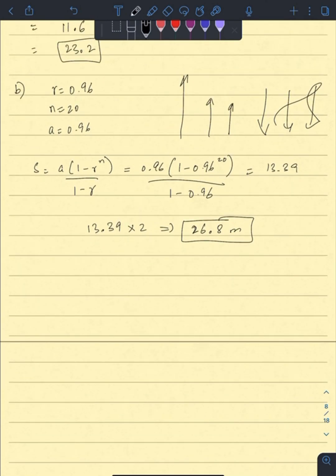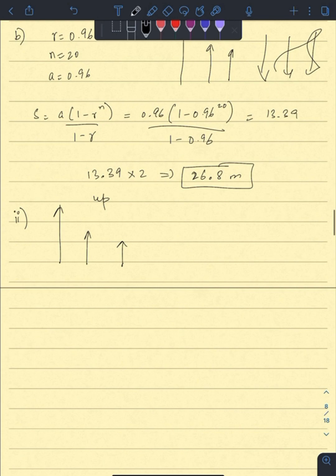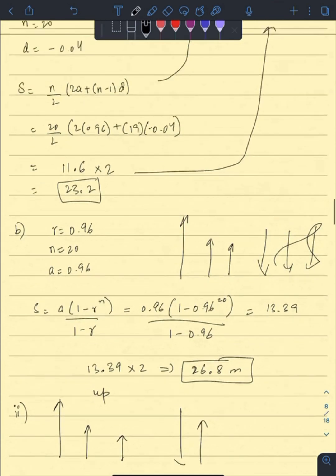So what we can do is, for the upwards, the ball bounces and then goes up infinitely.